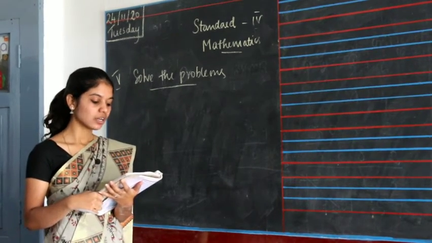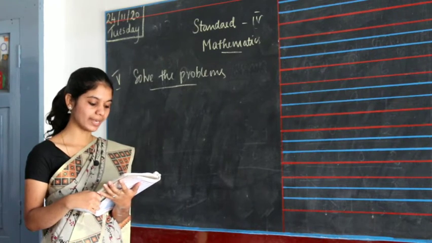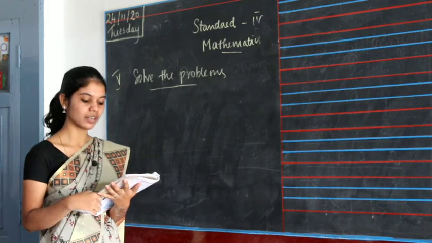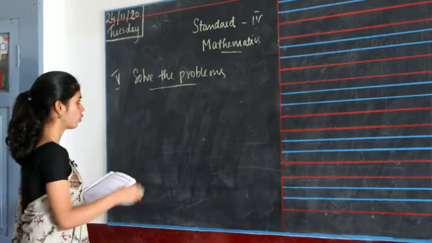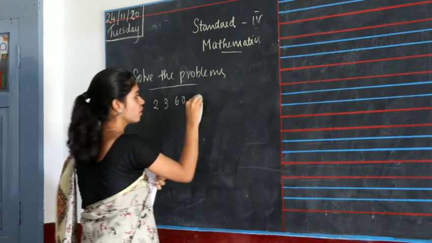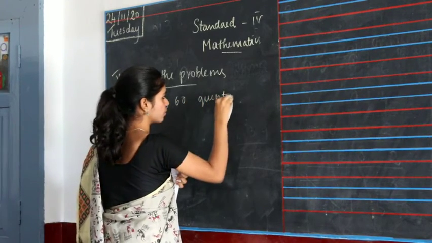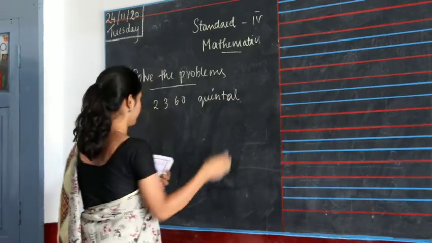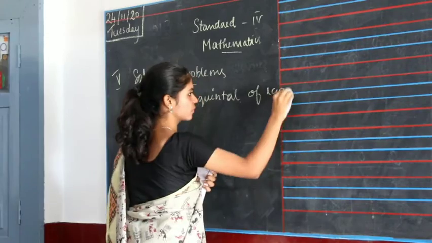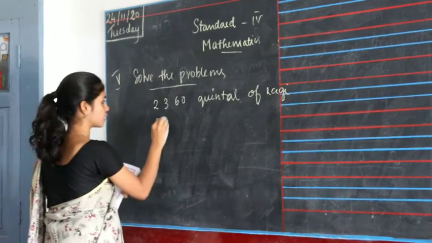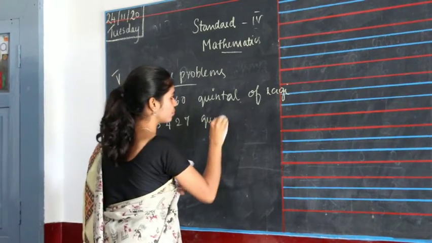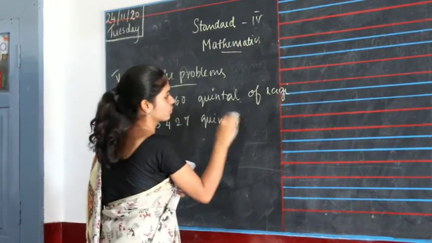A godown has 2360 quintals of ragi and 3427 quintals of maize. So, 2360 quintals of ragi and 3427 quintals of maize.